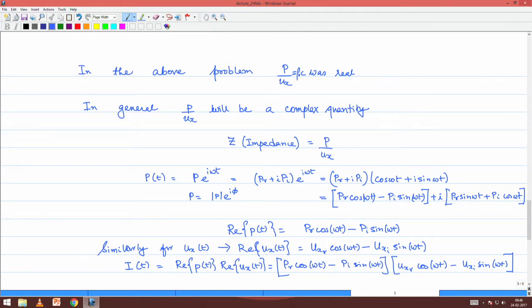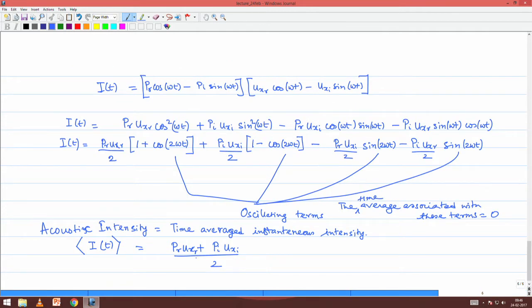But just to be perfectly general, we have taken the two quantities as arbitrary complex numbers, and then we have been able to find the time averaged instantaneous intensity, which is abbreviated as a single term, acoustic intensity, and that is given by the following number.